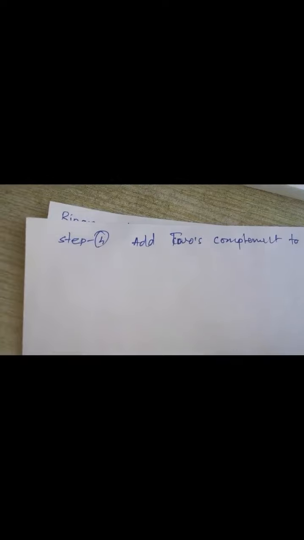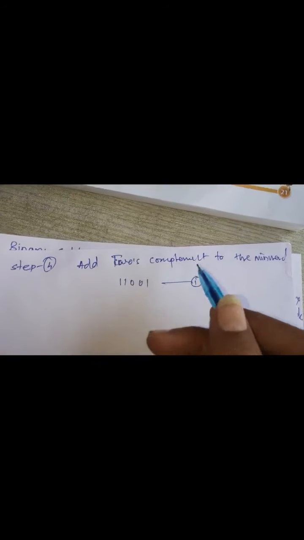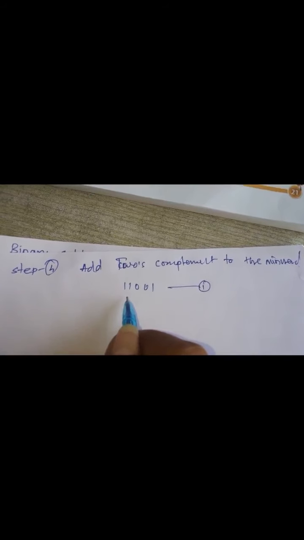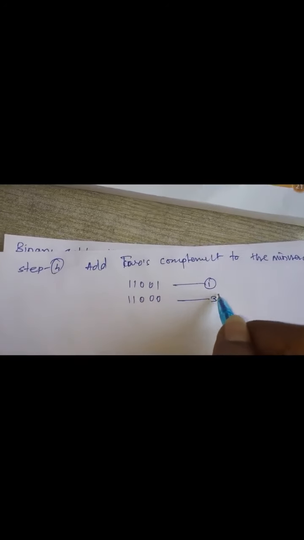Which is the minuend? The minuend is equation first, 11001. And equation 3, the 2's complement we got, is 11000.